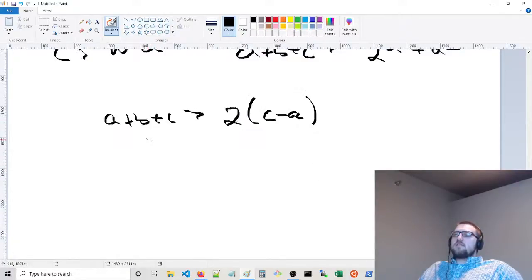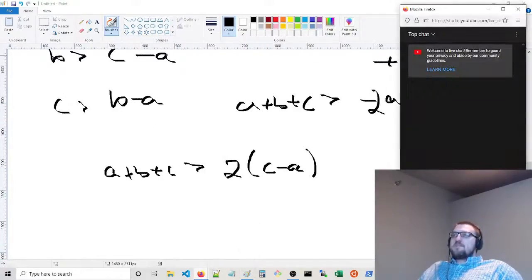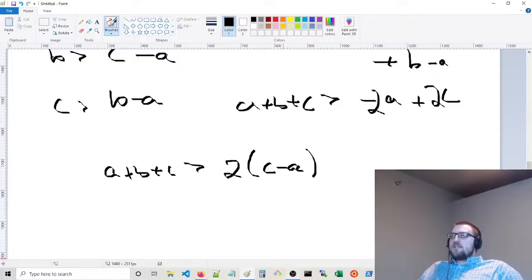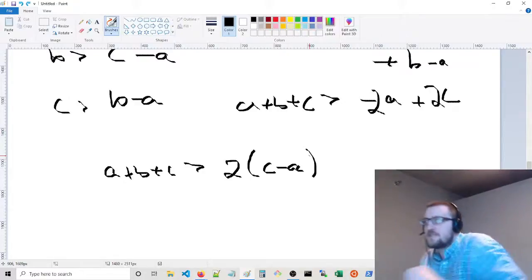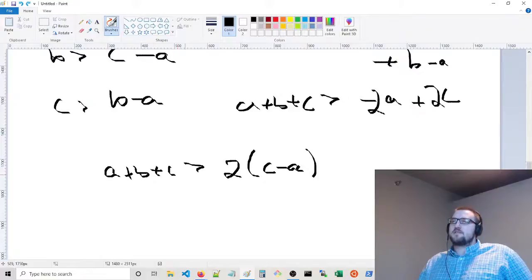Interesting. I don't know how far I'm going to get with this problem. Is that true? So we took C minus A. Well, this is always going to be larger than that though, right?